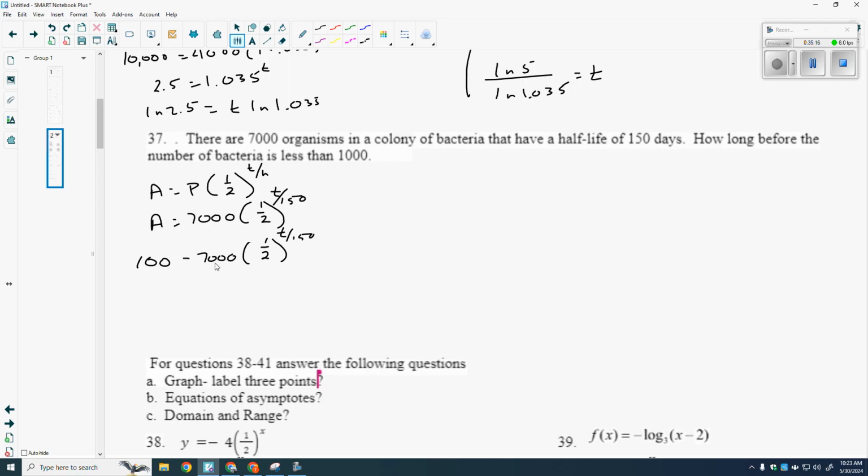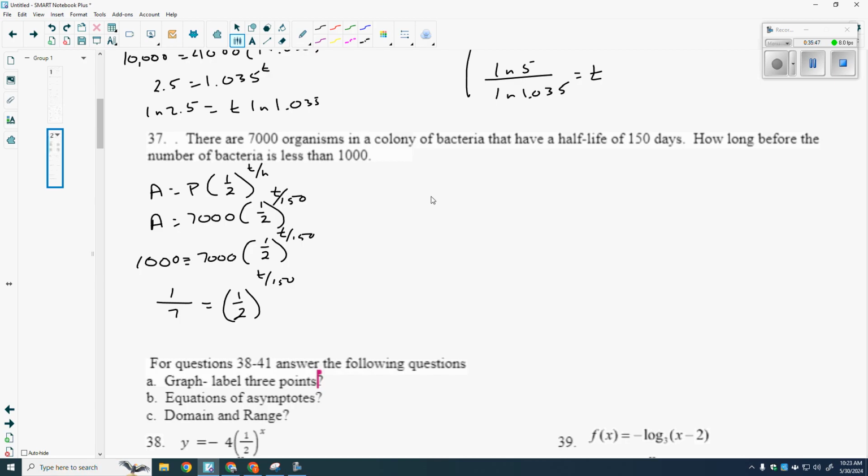I'll divide both sides by 7,000. Oh, there's less than 1,000. I read that wrong. So there's 1/7 equals 1/2 raised to the t over 150 power.